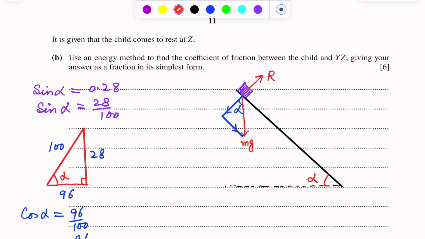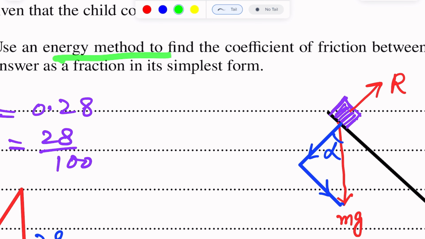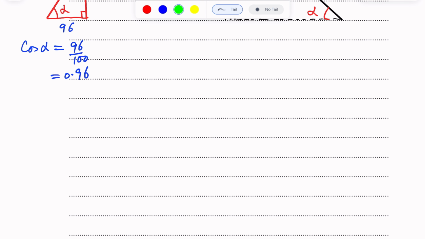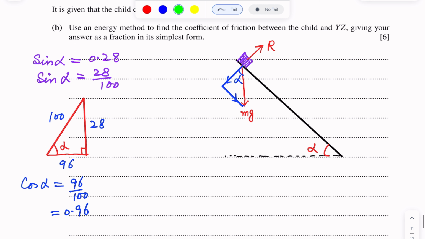Now we will solve this part of the question by the energy method again.